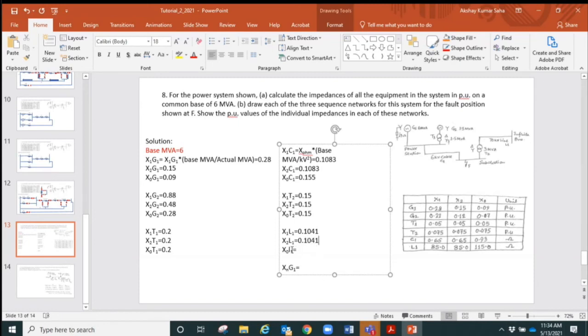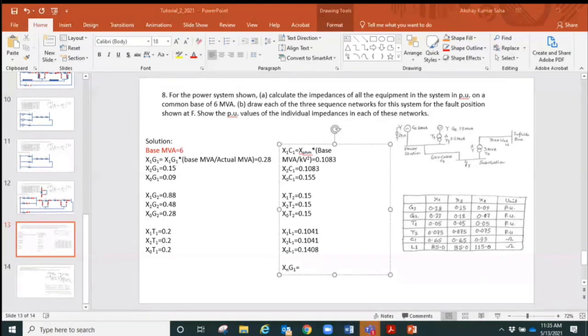And x0, I don't know why I wrote it small l, sorry about that. And x0 will be 0.1408. Yes, exactly, 0.1408 is the value for the zero sequence reactance of the line 1.